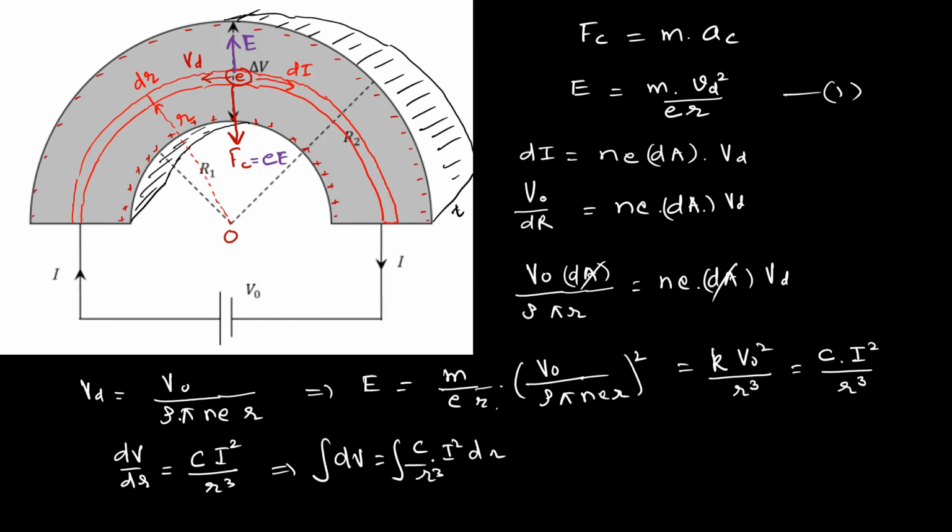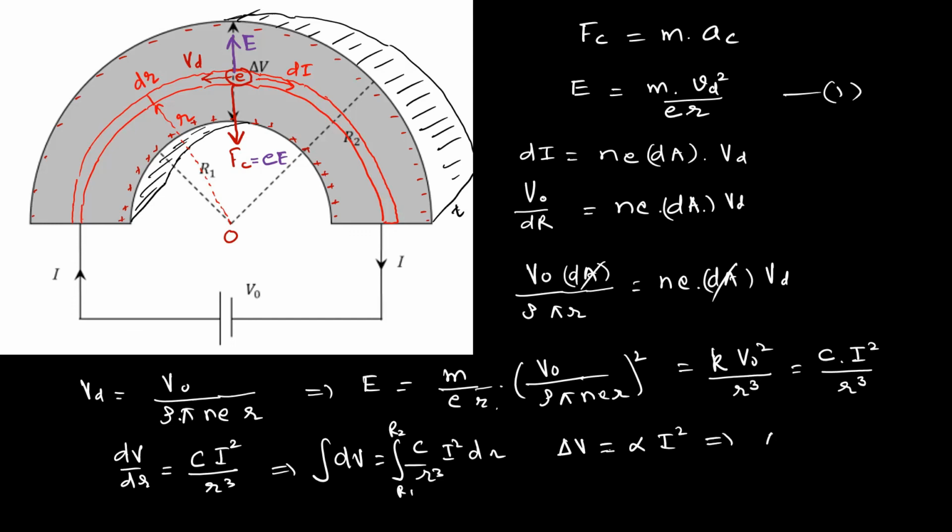And here the limit of integration is going to be r1 to r2. If I integrate it, I am going to get the magnitude of the potential difference: I squared is a constant, and c by r cube integration will become another constant. Let me write that another constant as alpha, and that is alpha into I squared.